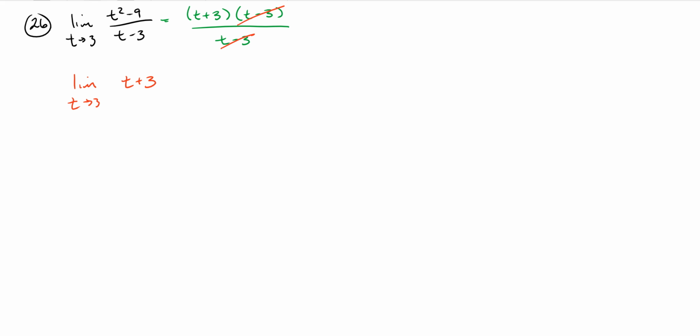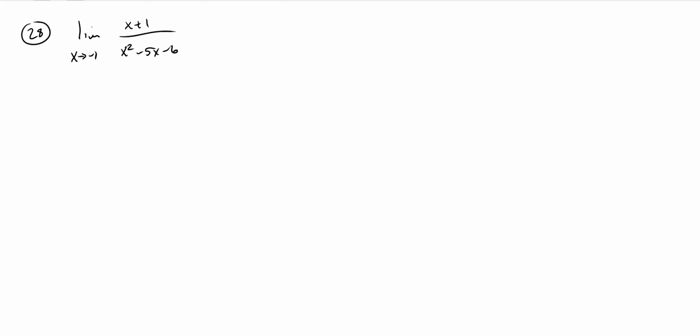Now that I have that, that's just a linear equation that's evaluatable for all real numbers, so I can use my direct substitution now. So t plus 3 becomes 3 plus 3, so my limit is 6.